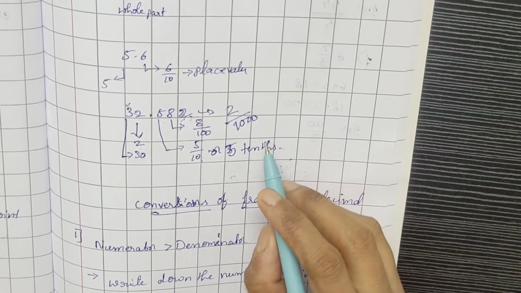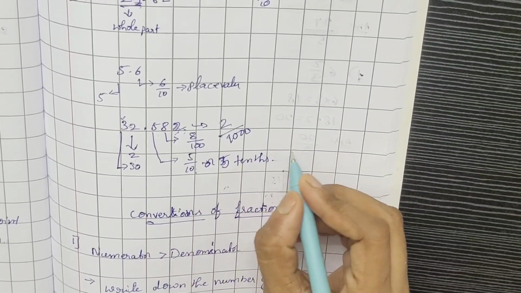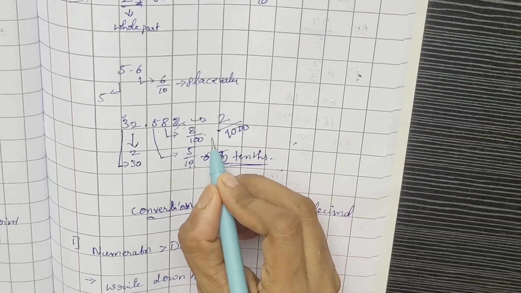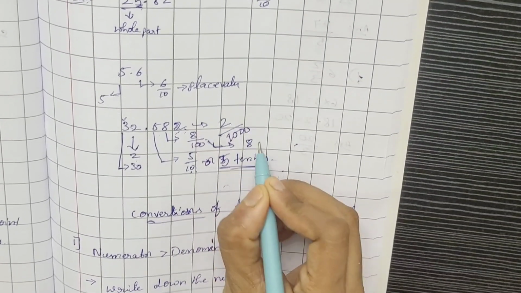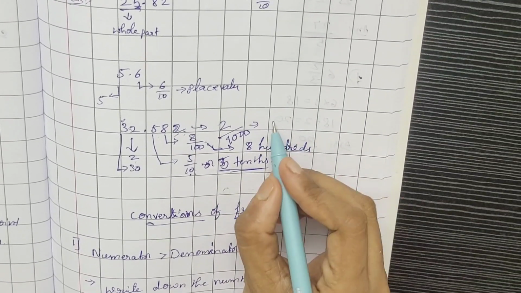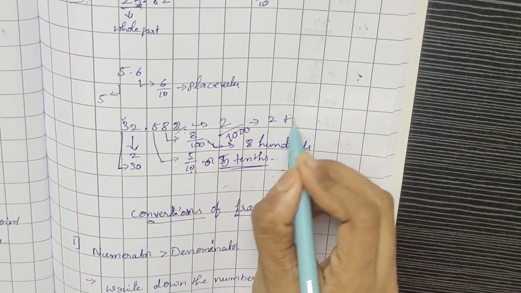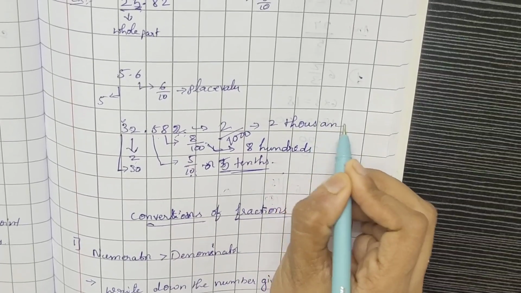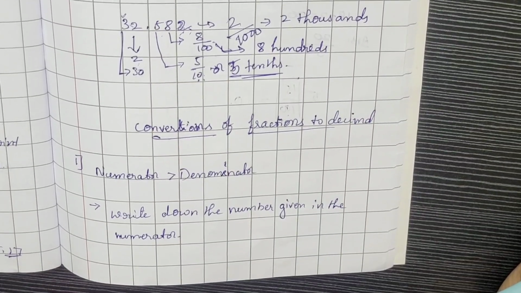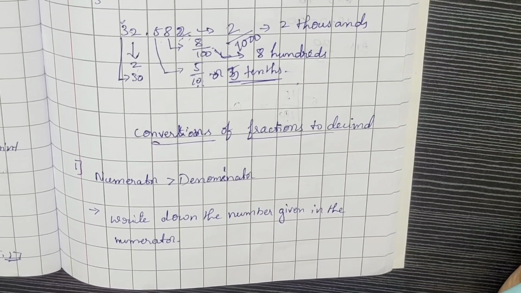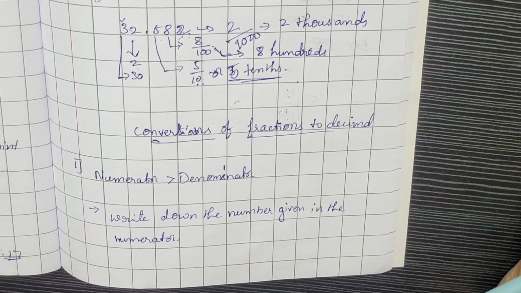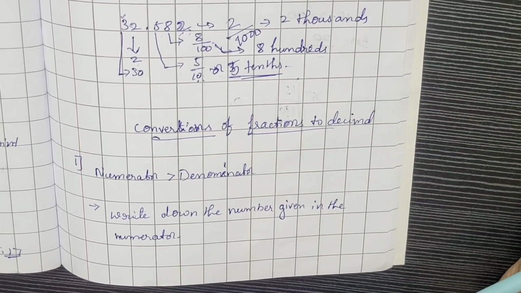How to say this? 5 by 10 is called 5 tenths. 8 by 100 is called 8 hundredths. 2 by 1000 is called 2 thousandths. Understood? This is how we have to write the place value of decimals. Okay? Now it is clear, the place value of decimals.